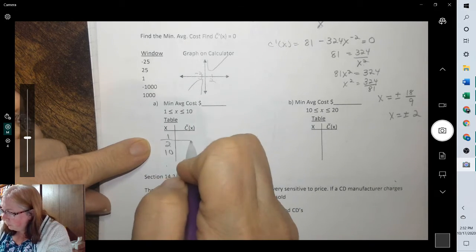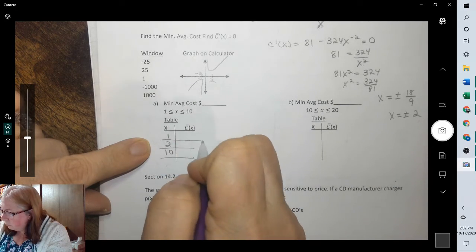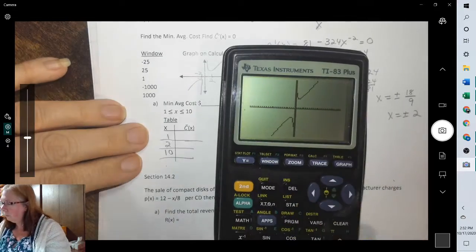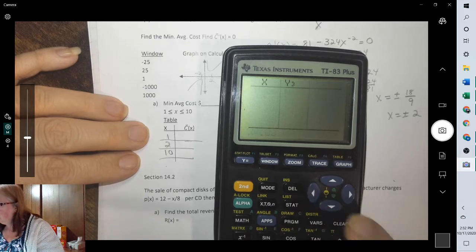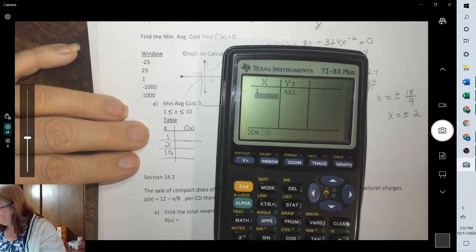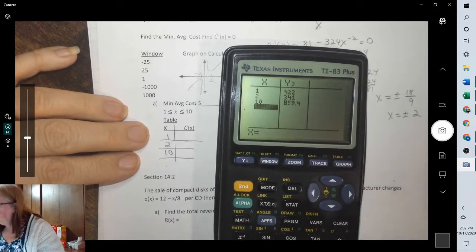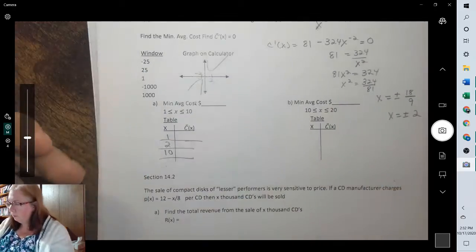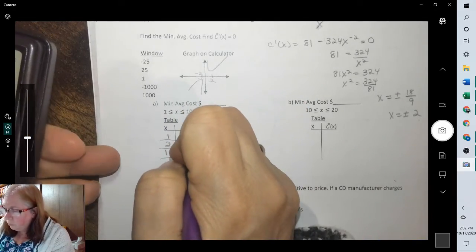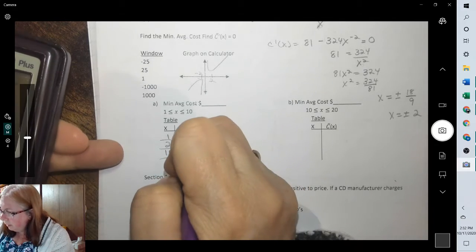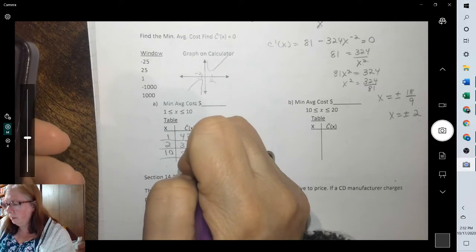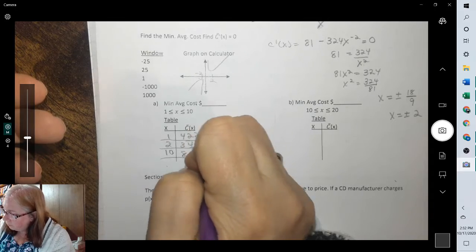And we plug those in. Go to our table, delete what was there, and put 1, 2, and 10. 1, we have 422, 341, and 859.4.